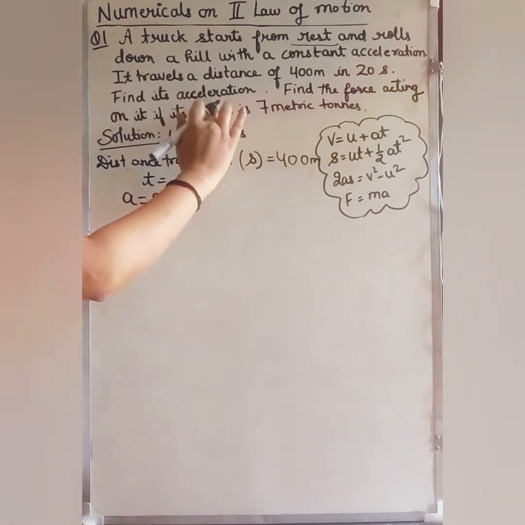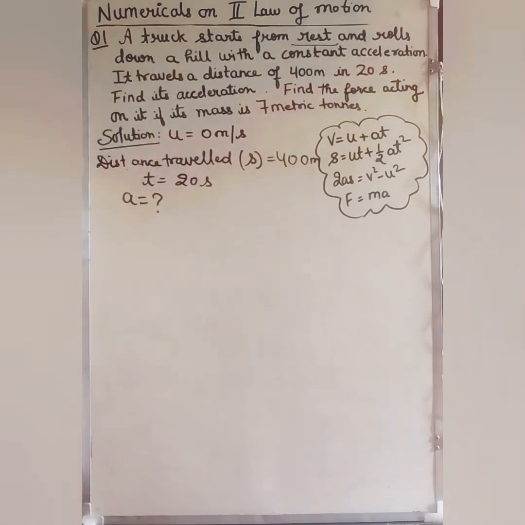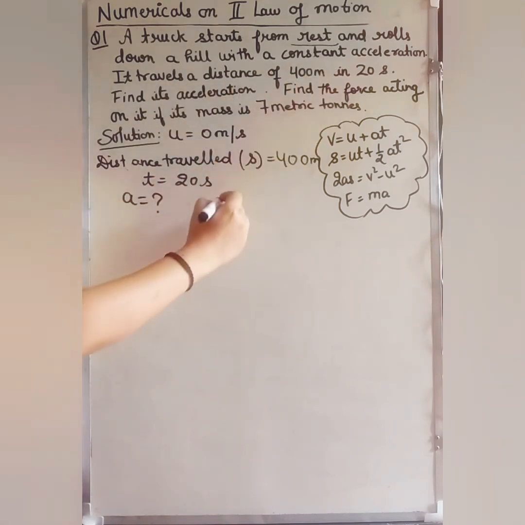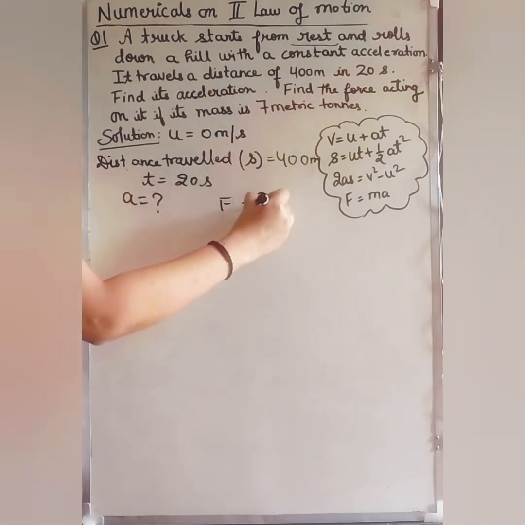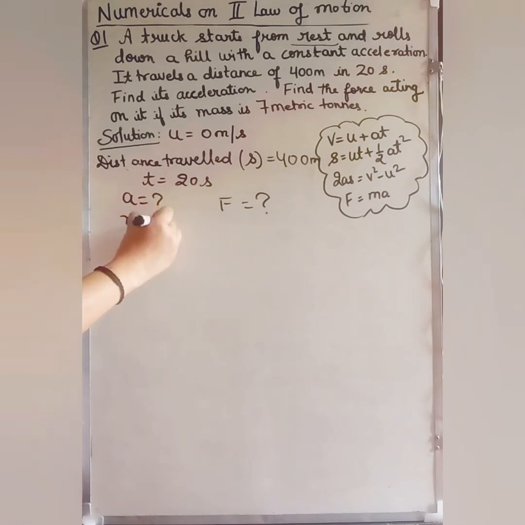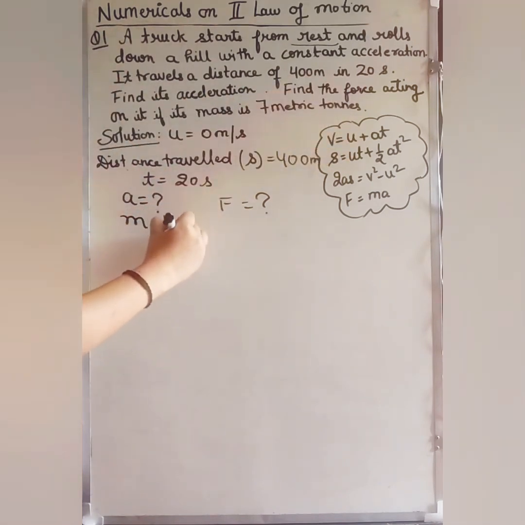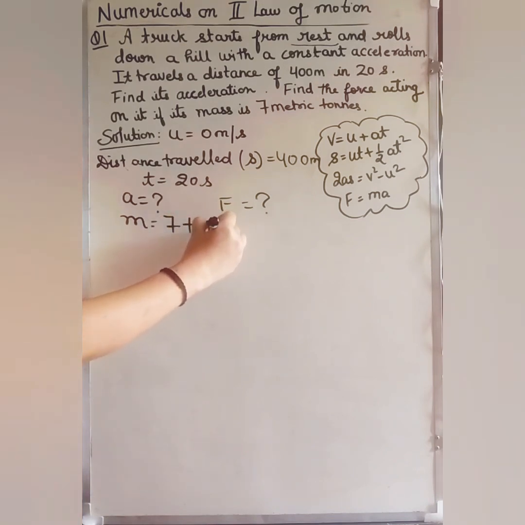Find its acceleration. Find the force acting on it if its mass is 7 metric tons. You have to find out the acceleration and you have to find out the value of force. The mass of the truck is 7 metric tons, or we can write 7 tons.